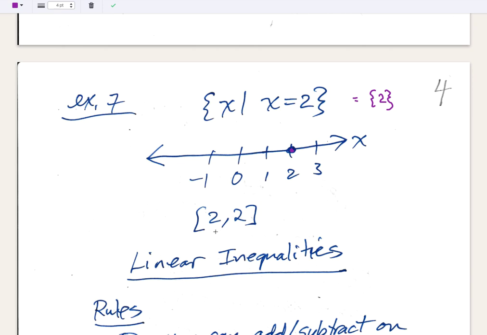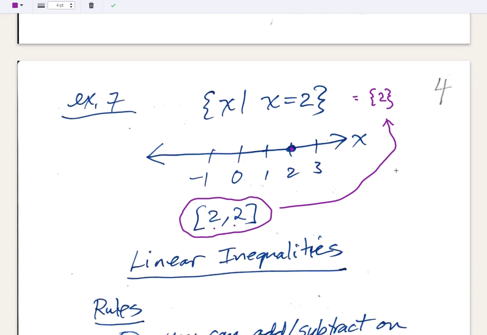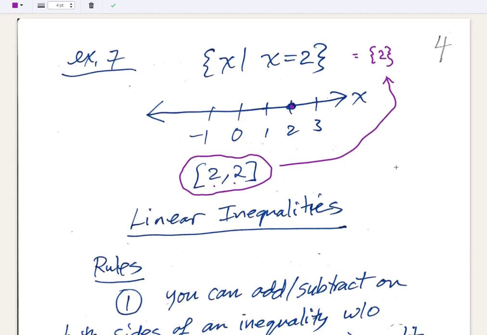Well, your starting point is at 2, your ending point is at 2, and since you're including 2 at both ends, you want to use square brackets. So it would be square bracket 2 comma 2 square bracket. Again, that's a long way of writing the set of all elements consisting of 2. So neither of these notations is particularly efficient in the case of just a single element, but it can still be done.